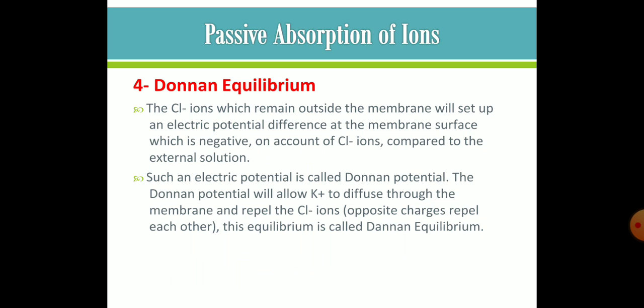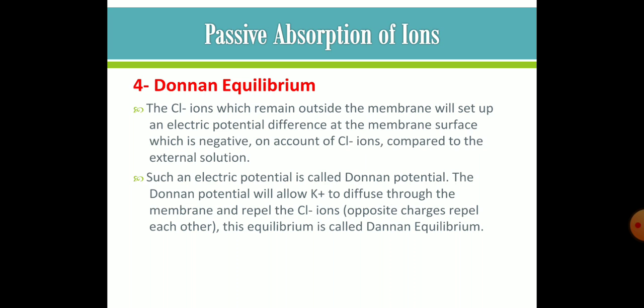At the next stage, the chlorine ions which remain outside the membrane will set up an electrical potential difference at the membrane surface, which is negative on account of these chlorine ions compared to the external solution. This electrical potential is called the Donnan potential.